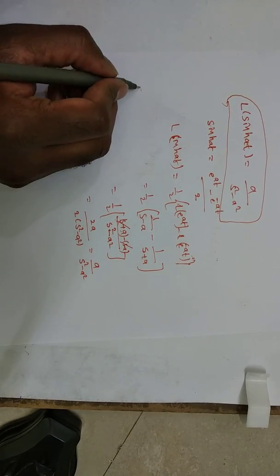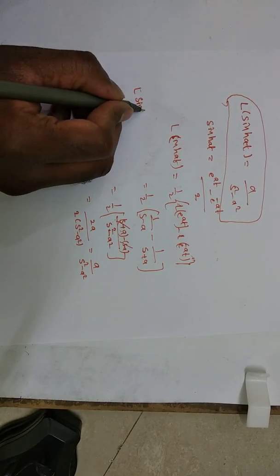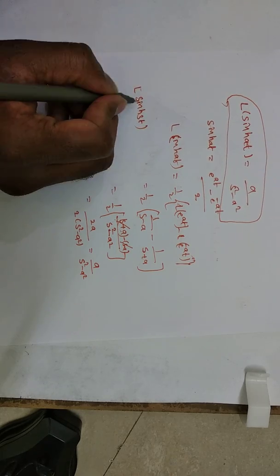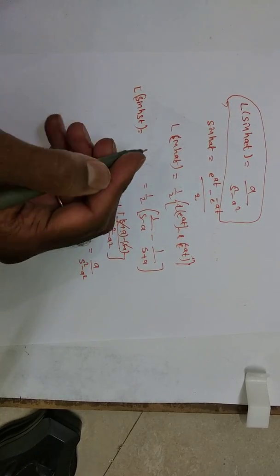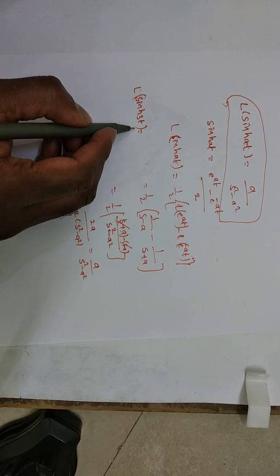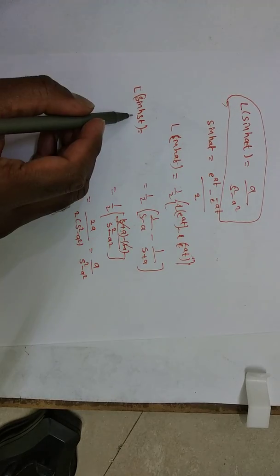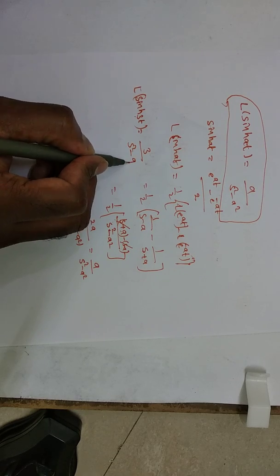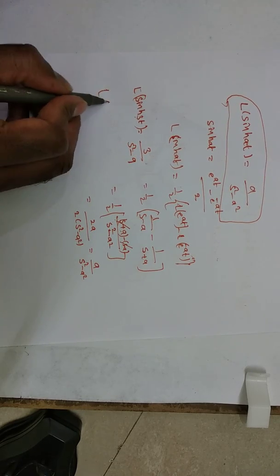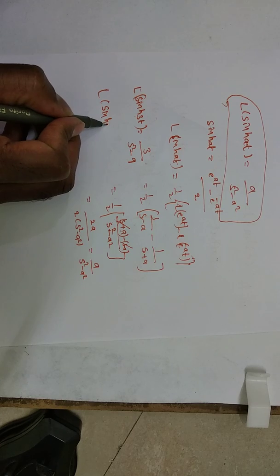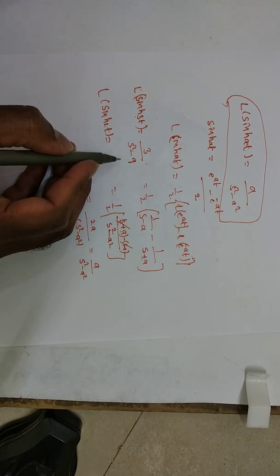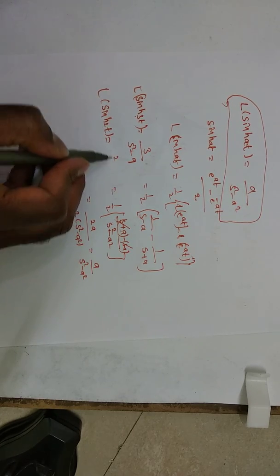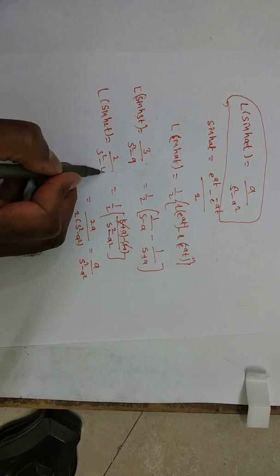Okay, one example. Suppose find L of sinh(3t). If they are asking sinh(3t), that means sinh(at) form. What is a? Here a is 3. So 3 by s square minus 3 square. Okay, L of sinh(2t). Sinh(2t) means a by s square minus a square.